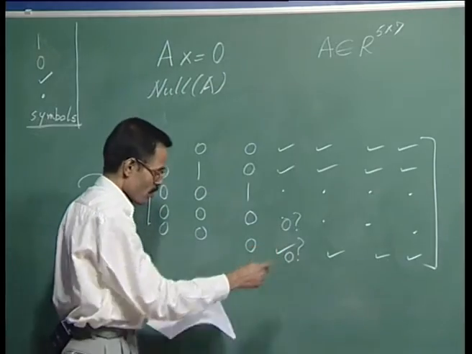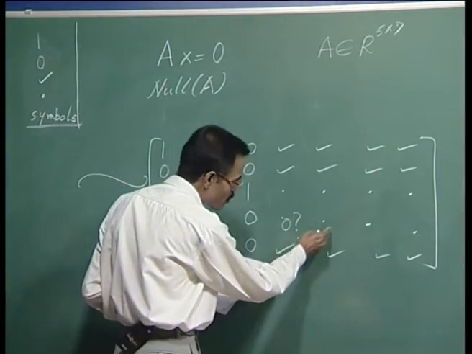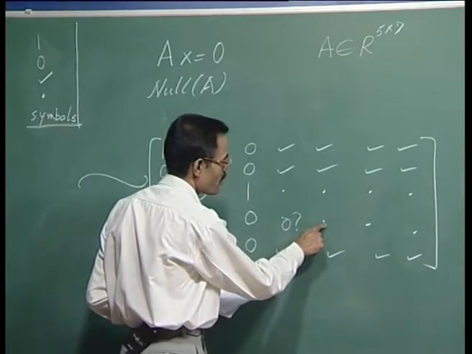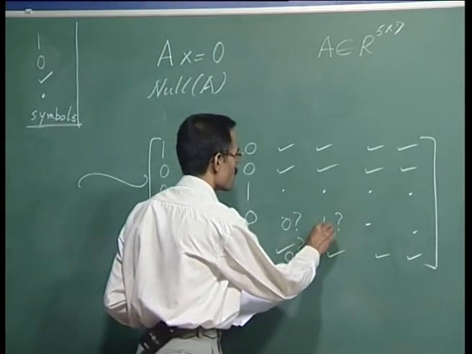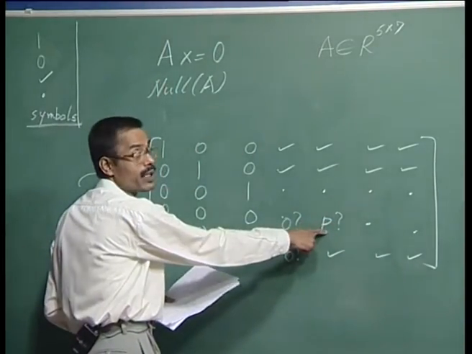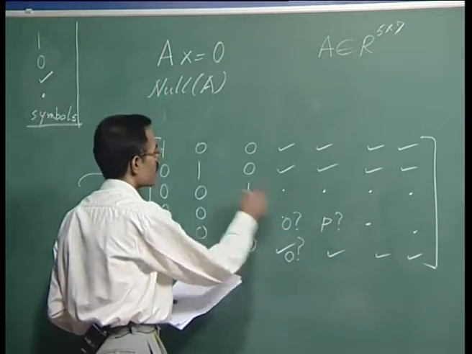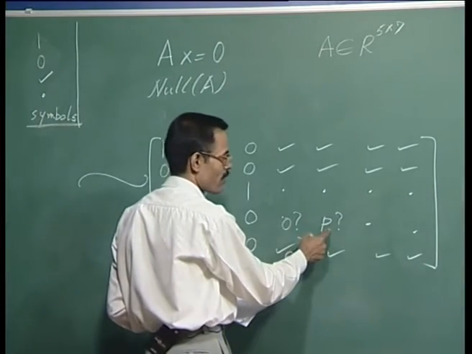Now, we hunt for the next column. What is here? We examine this. Suppose this is found to be P. Okay. Then we want this to be 1, just like earlier cases. Here we could not find, unfortunately. Here we have found a non-zero number.